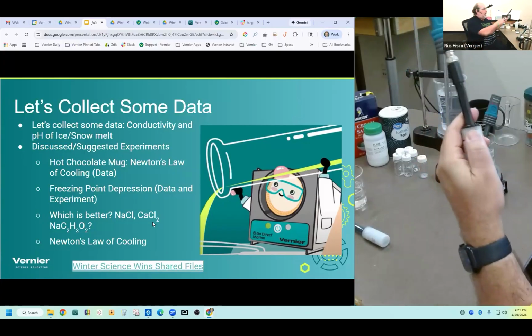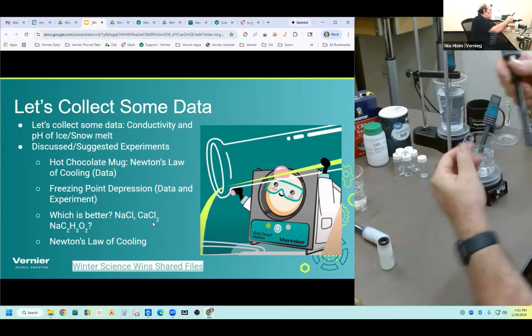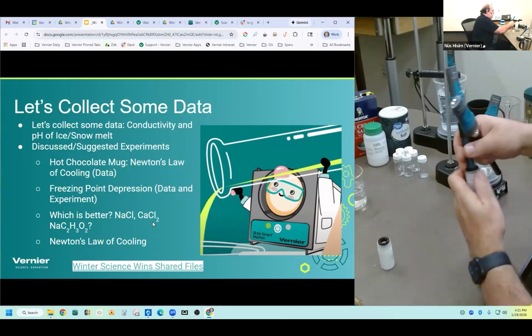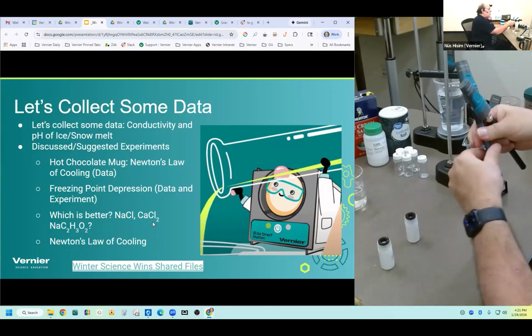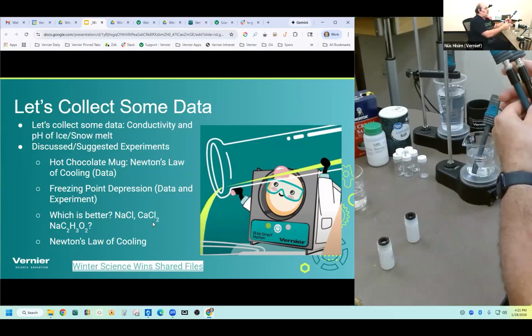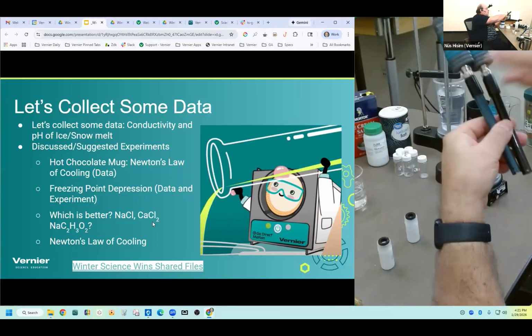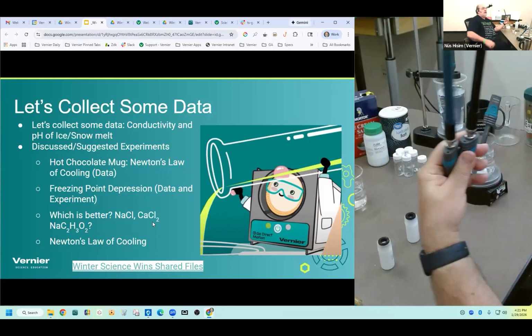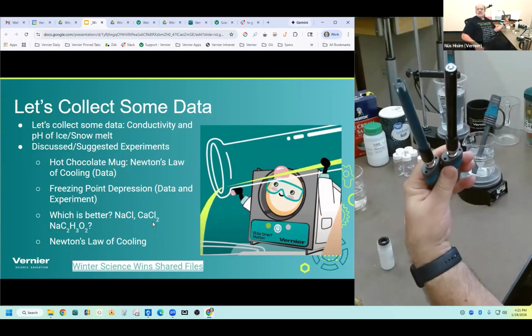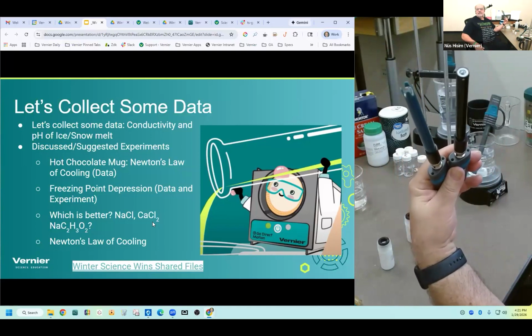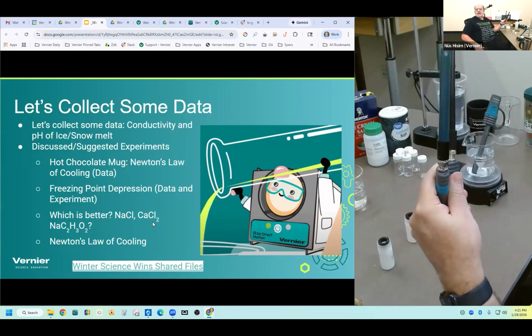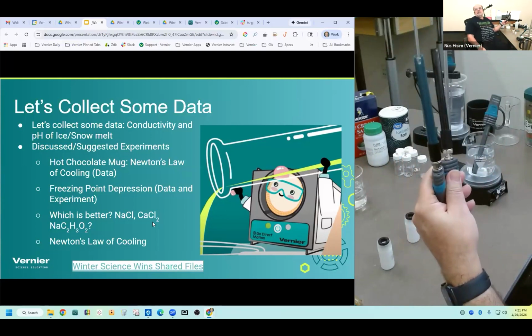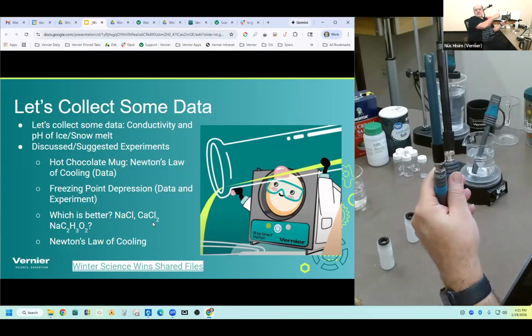I'm going to use the flat pH, and the reason is, let me show you the difference. The flat pH has a lot of different functions. That's why it's a little more expensive. But if you look at the electrode part, you can see that there's much less glass exposed, just right on the very end. The standard pH, we would lose. Now, back in the day, we had the one-piece ones.